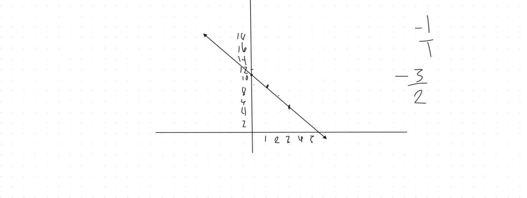1, 2. 1, 2, 3, and advance 2. 1, 2. Okay. So that's where my graph would be.